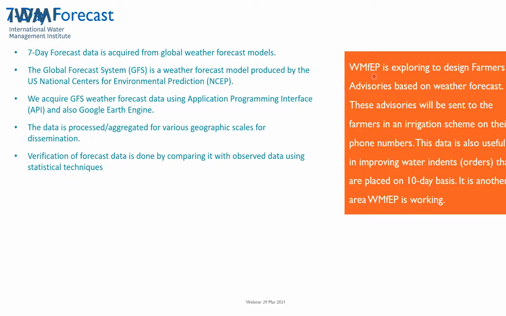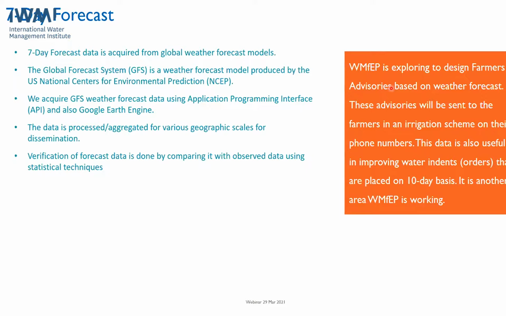And based on these data sets, we are trying to explore designing farmer advisories, as Dr. Mohsin has mentioned, that IWMI is partnering with the Pakistan Council of Research in updating their existing irrigation advisory system, where they have a partnership with the University of Washington, and there were some automation problems which the WMFP is trying to address.